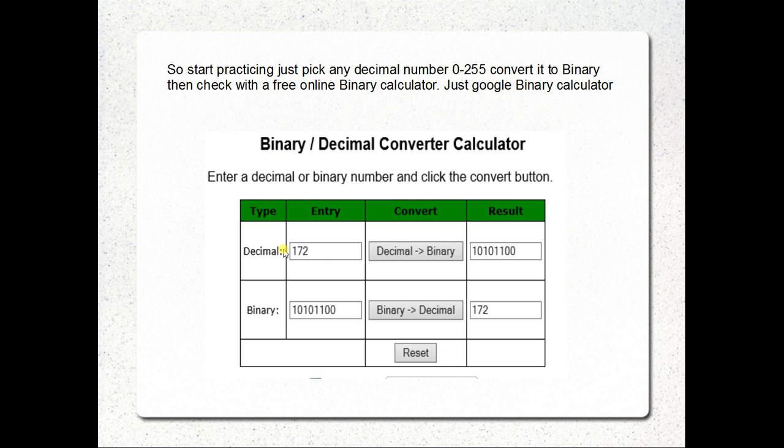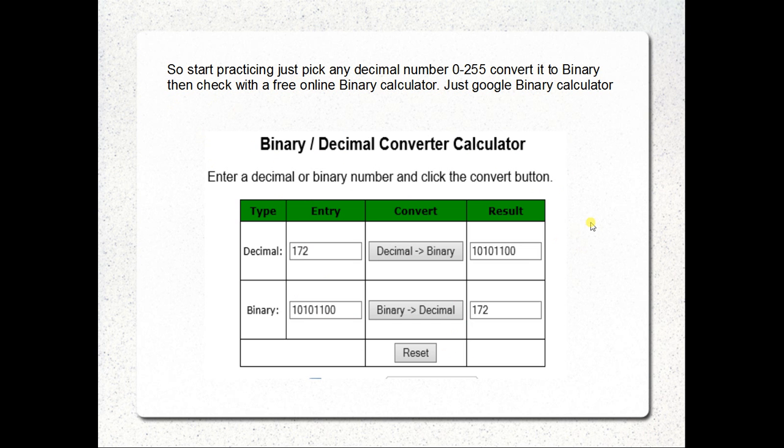Just go to Google and search binary to decimal converter, calculator, whatever. You just type in the decimal number and say convert to binary, or you say binary and convert to decimal. So you'd go through the process I did before, convert one, and then check it with this calculator and make sure you're right.